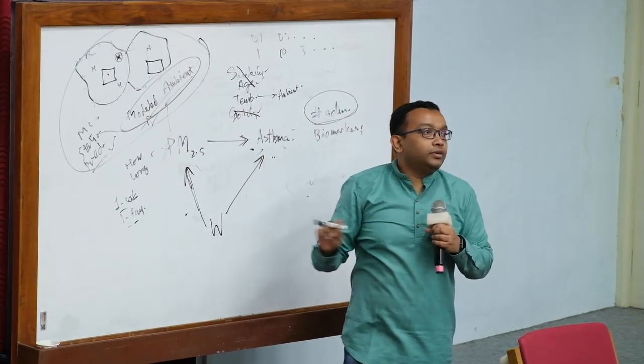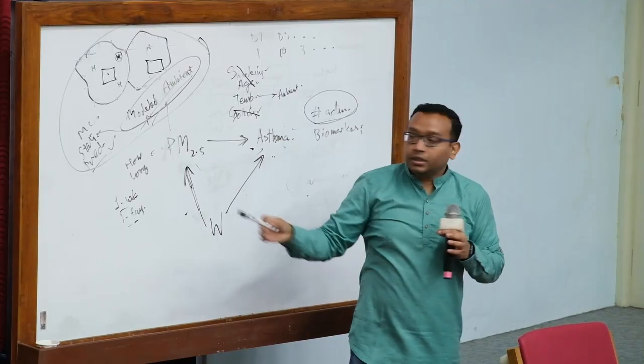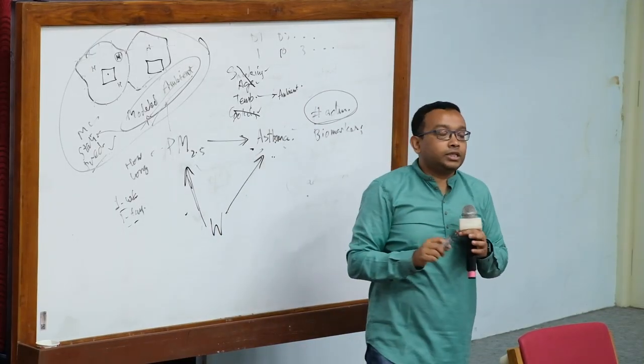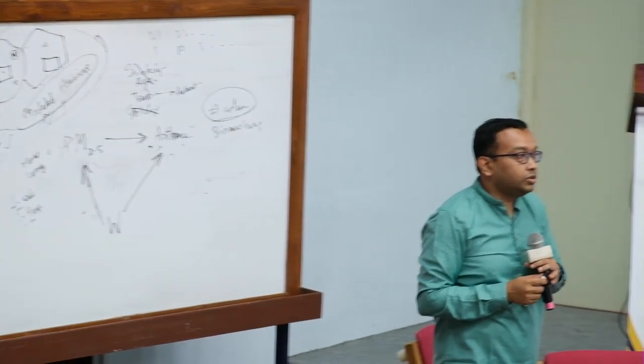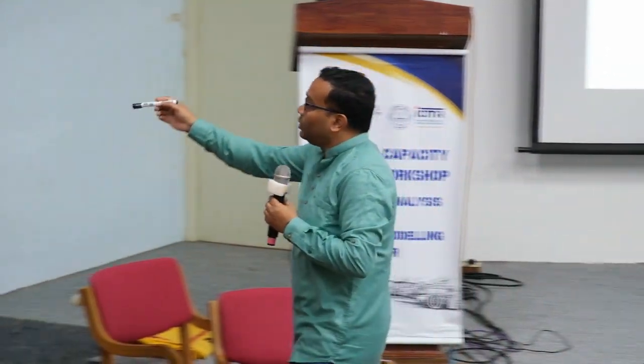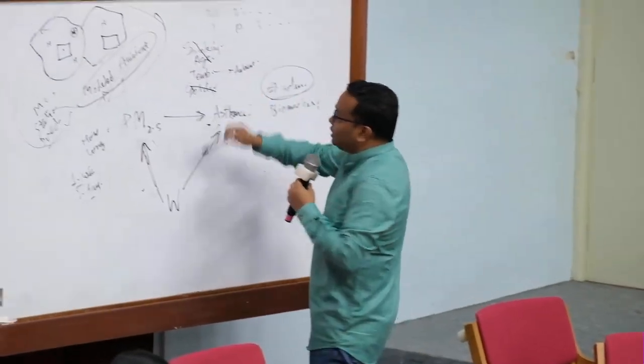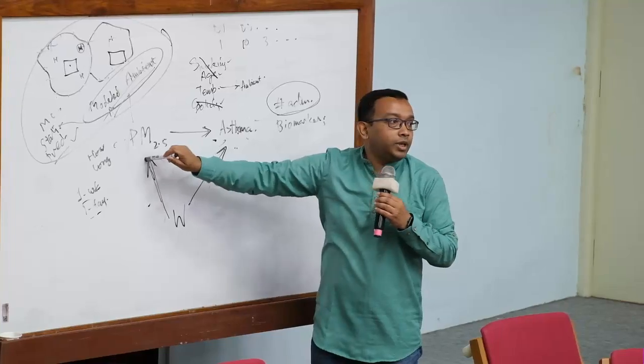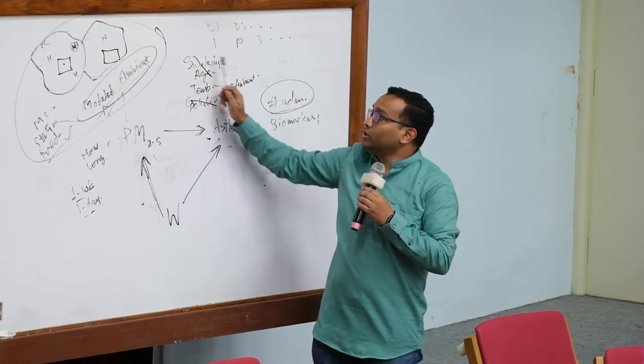If we had done an individual level monitor based measurement, then you would need a lot more confounders. That's why it's a much more challenging study to do a personal exposure study, because for every personal exposure measurement you are doing, you need all the individual level covariates. Right now you don't have to bother about any of these individual level variables. Once you start doing individual level PM 2.5, then you need this information.